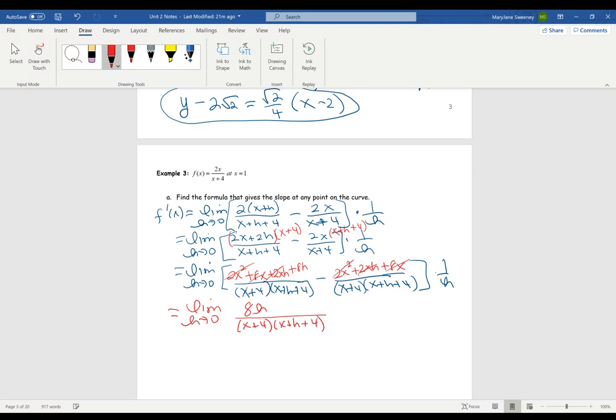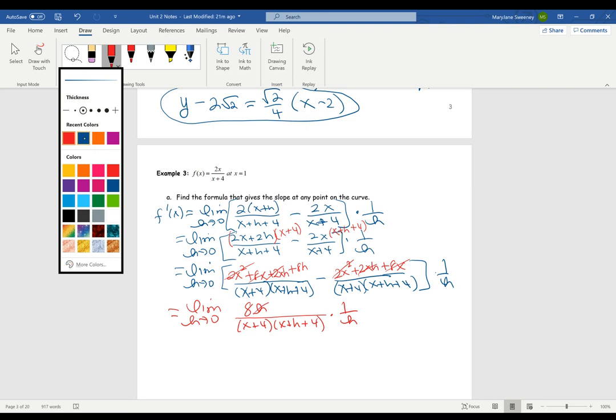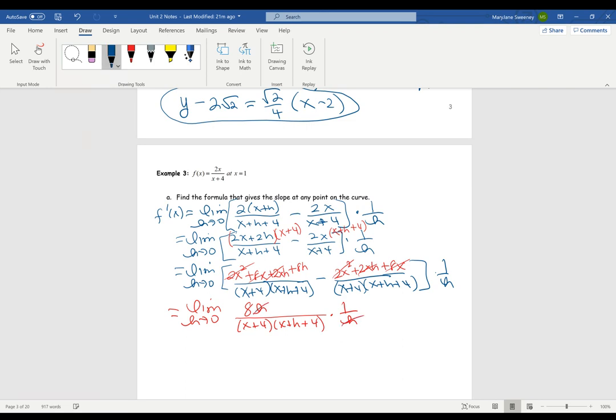When you subtract fractions, subtract the numerators, keep the common denominator, and then times 1 over h. This is exactly where I want to get to, because if I were to plug in right now, h is 0, I'm going to get 0 over 0, indeterminate form. But if I cancel these h's, the limit as h approaches 0, actually, I probably could just do it at this point.